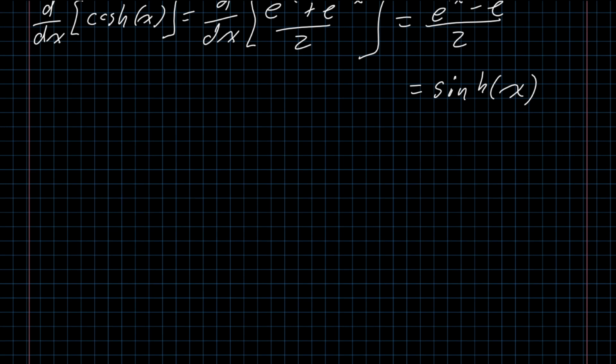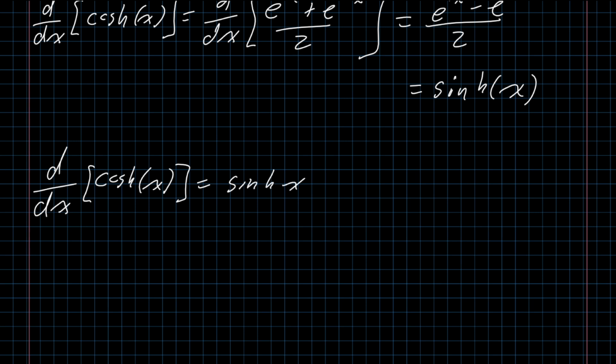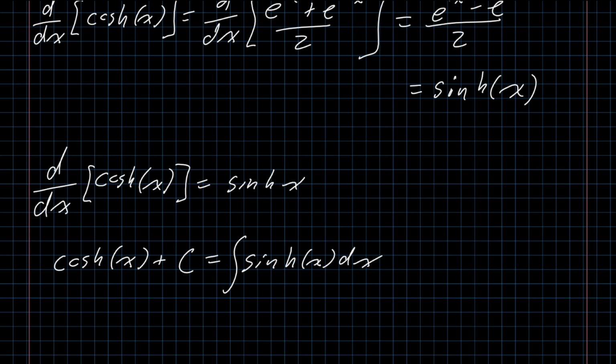And now that we have that, we can say, just by direct integration, if the derivative of cosh is sinh, then integrating both sides of this equation, we get that cosh of x plus some constant of integration that might show up when we integrate has to be the integral of sinh of x dx.